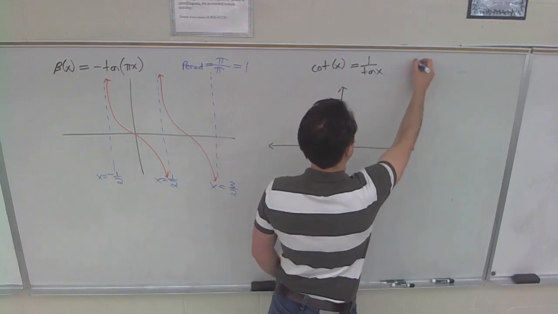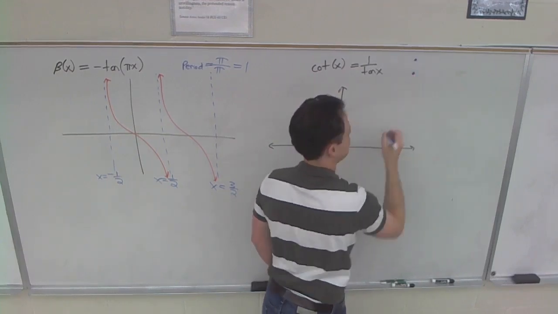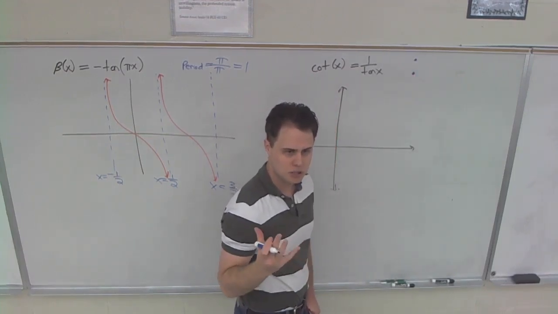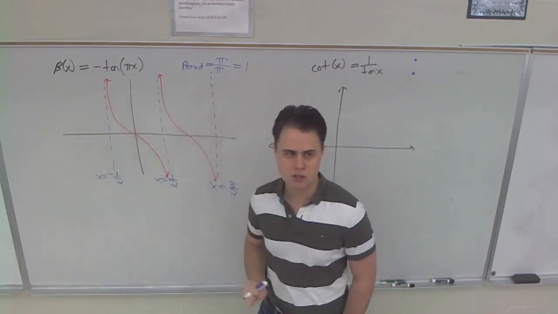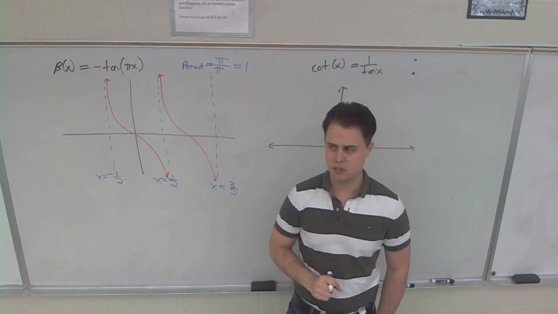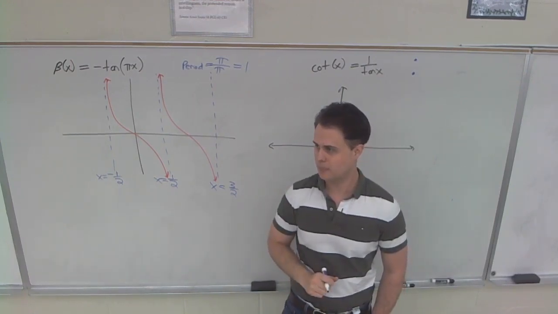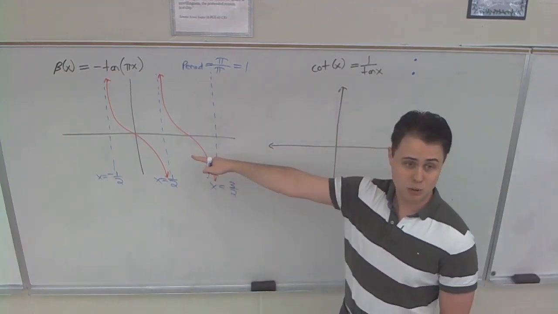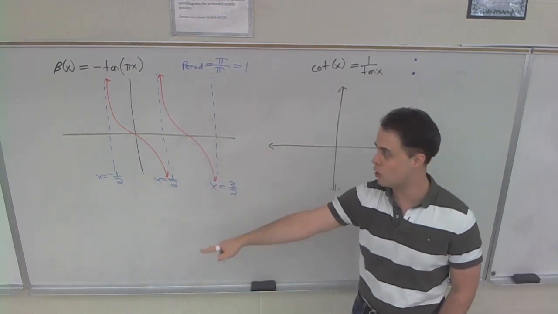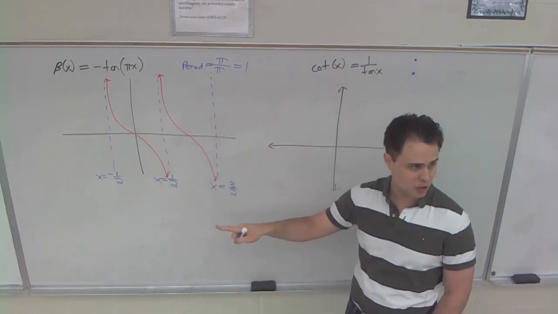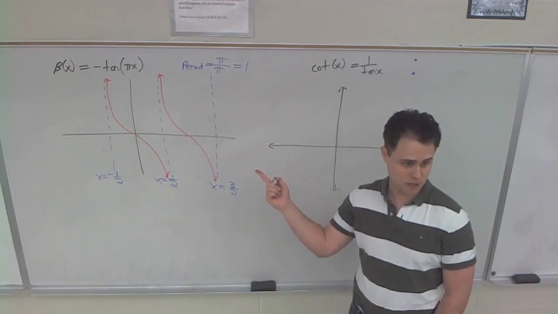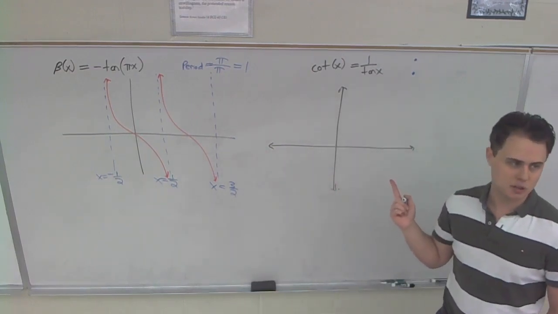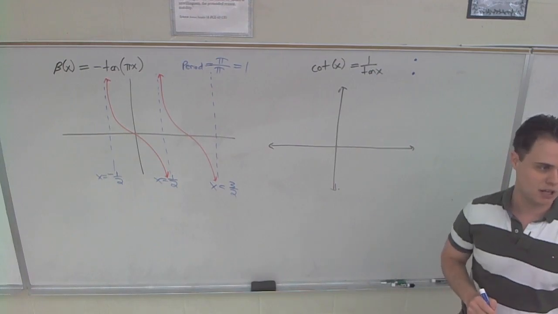The only 2 differences I think you want to know is how do you start drawing it? When I start drawing tangent, the key thing to remember is both sides that it straddles. How's cotangent different from that? Yeah, it does exactly what I just did with this one. It flips it. Instead of going up all the way, always increasing, tangent's always increasing unless you flip it, like we flipped it. Yeah? Cotangent's always going to be decreasing, just like that flipped tangent over there.